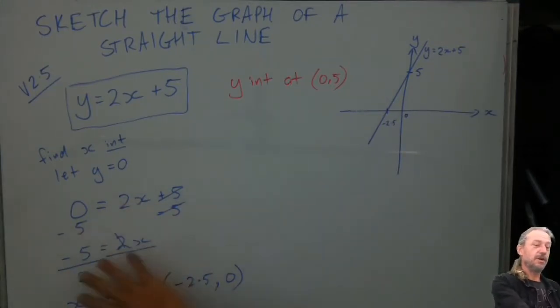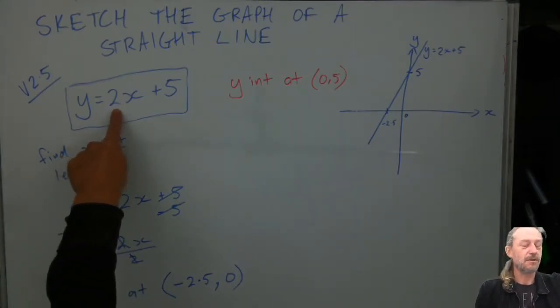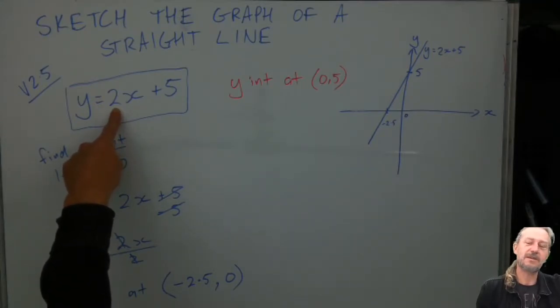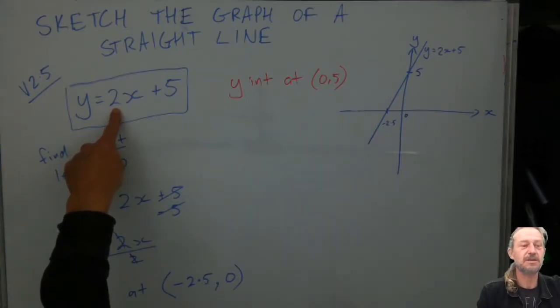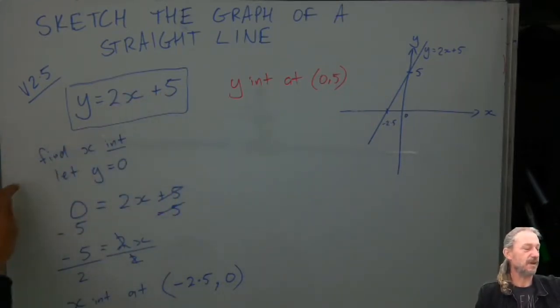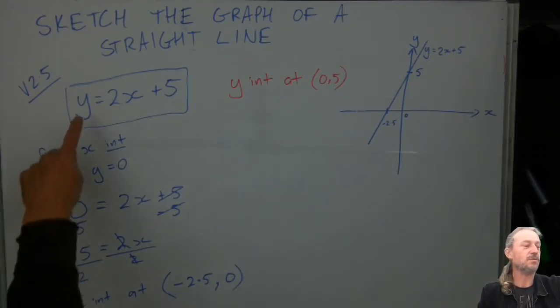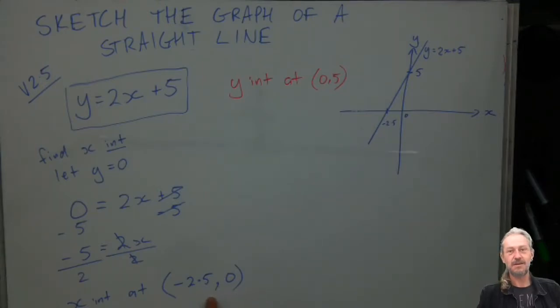So this is really the only maths we have to do, but always remembering the gradient will give us an indication of whether the line's going up, how steeply it's going up. This is going to be our y-intercept, and then we let y equal 0 and rearrange to find the x-intercept.